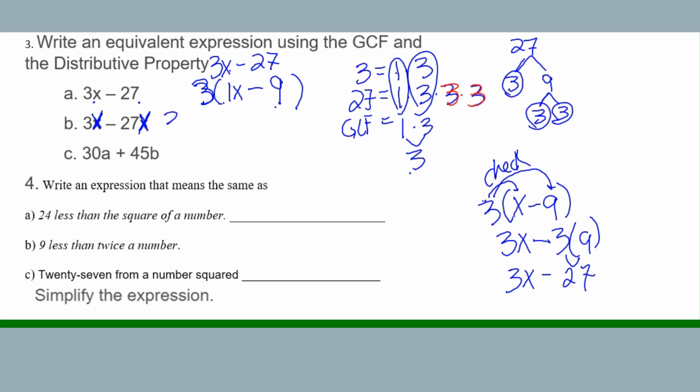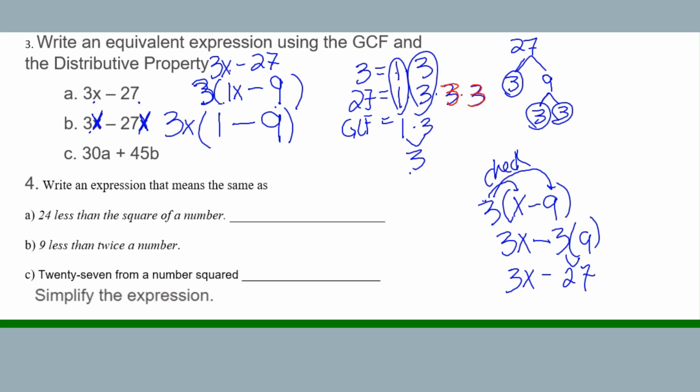So we're going to factor out 3 times x, and then we're going to write 3 times x. We have 3 times x times 1 will give you 3 times x, and then 3 times x times 9 will give you 3 times 27 times x. So that's the only difference here.